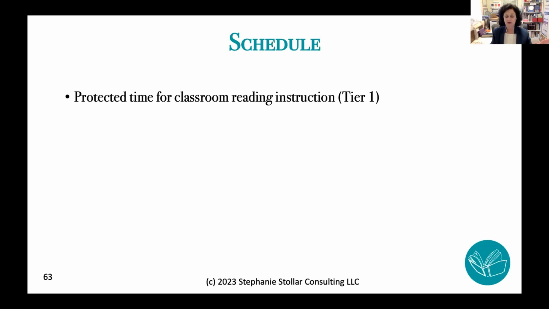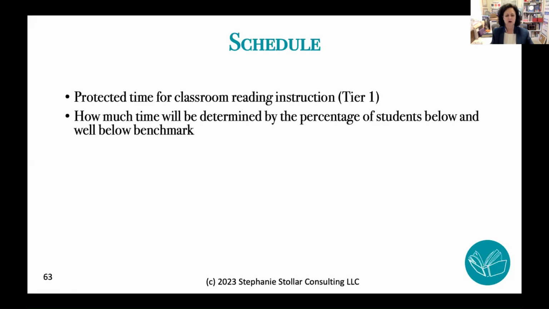This is the reality. You're going to have to do the best you can to work it to your students' advantage. How much time you need for tier 1 instruction should be determined based on your screening data. The more students you have at risk, the more time you're going to want to allocate for tier 1 instruction.